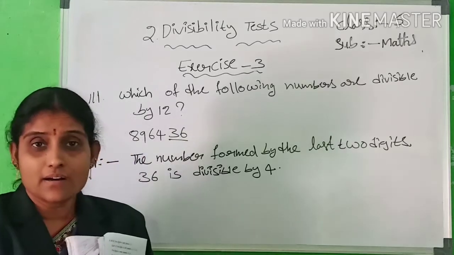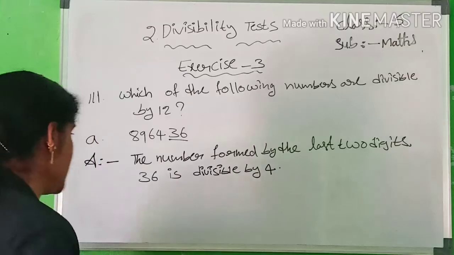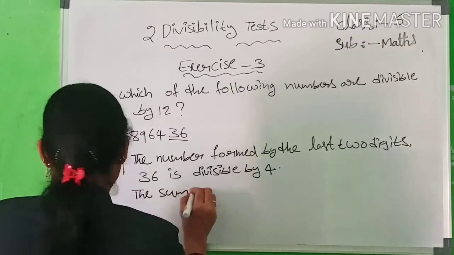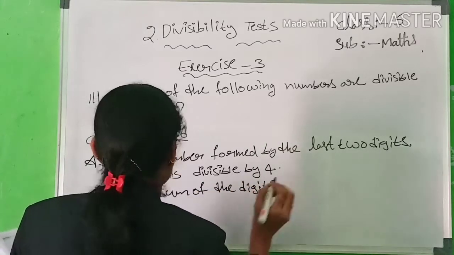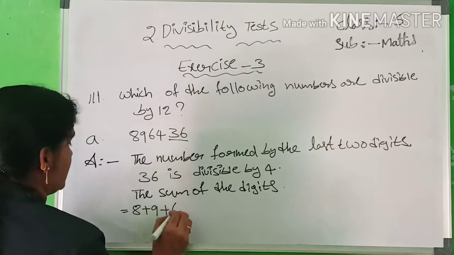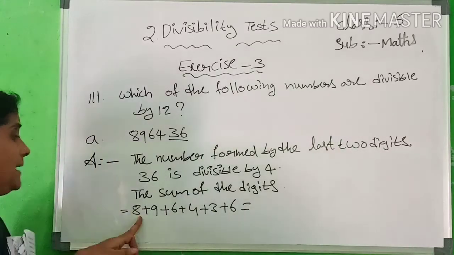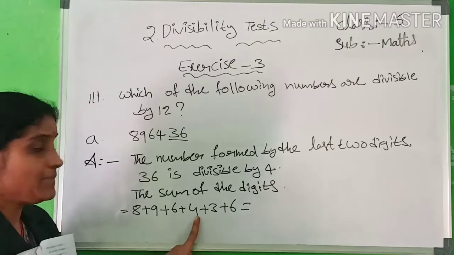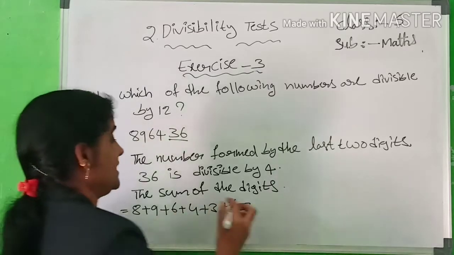Sum of the digits. Now, check here the sum of the digits. You have to take 8, 9, 6, 4, 3, 6. 8 plus 9, 17. 17 plus 6, 23. 23 plus 4, 27. 27 plus 3, 30. 30 plus 6, 36.